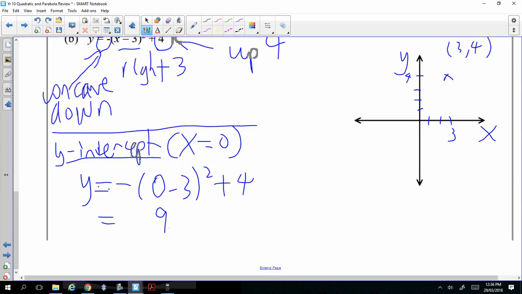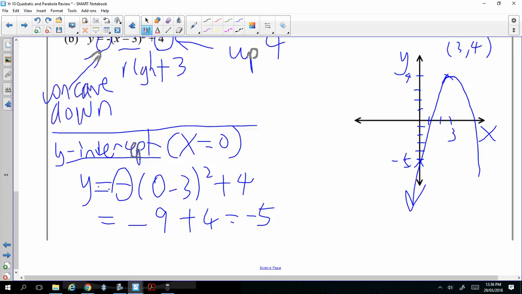Let's draw this. It's going to go like this. Okay, good, so we draw the concave down parabola. You can see that in this question, it crosses the x-axis, so you find the x-intercept. How do you find the x-intercept?